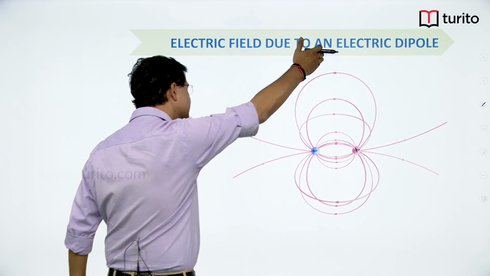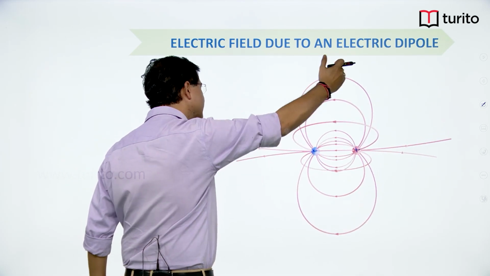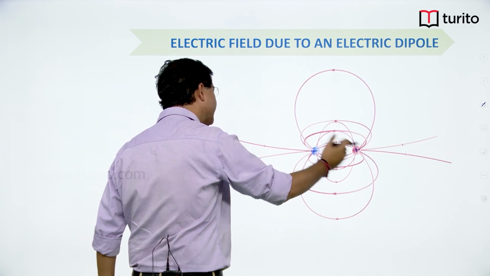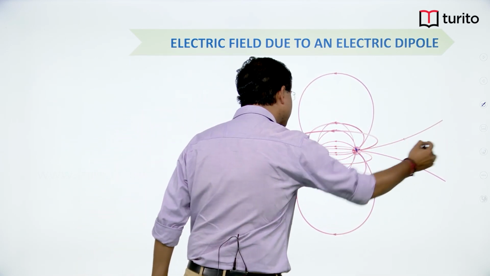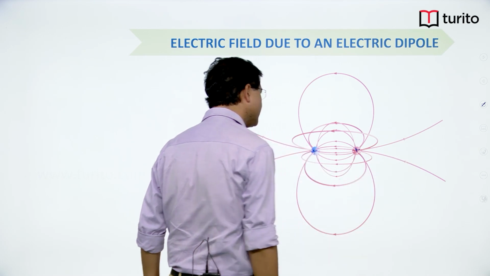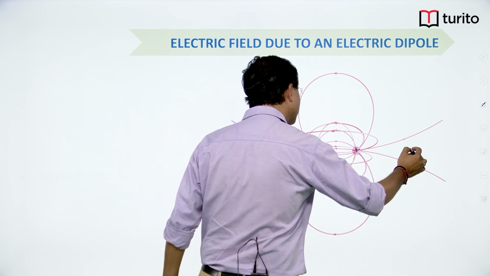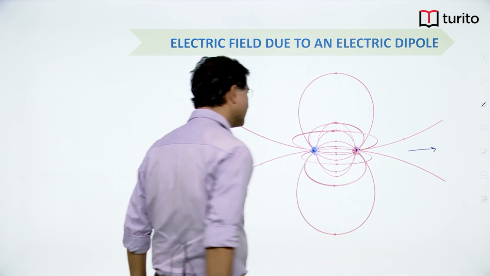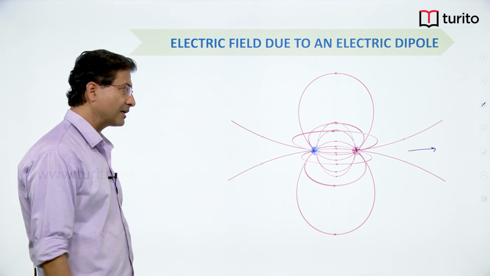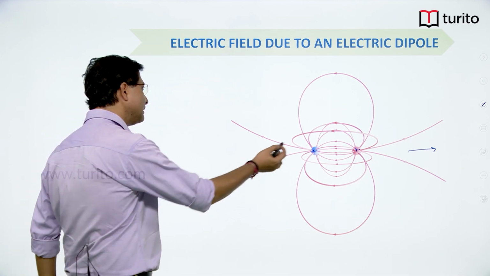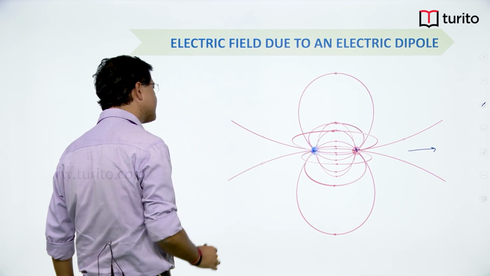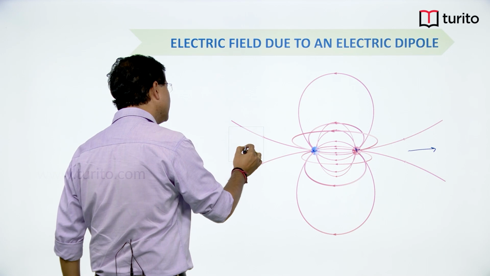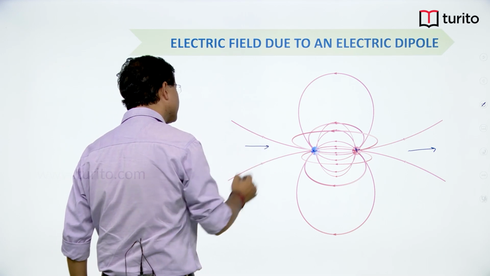You can see the field lines here at the bisector are always along the negative x direction, and if you look at any point on the axis outside the dipole, somewhere here the field line will be something like this, along the positive direction of the x axis. Similarly, these lines will take a turn and finally terminate at the negative charge. Somewhere here the field will have this direction.